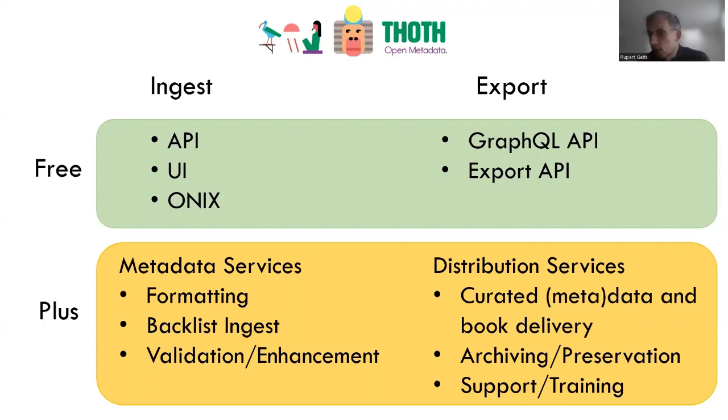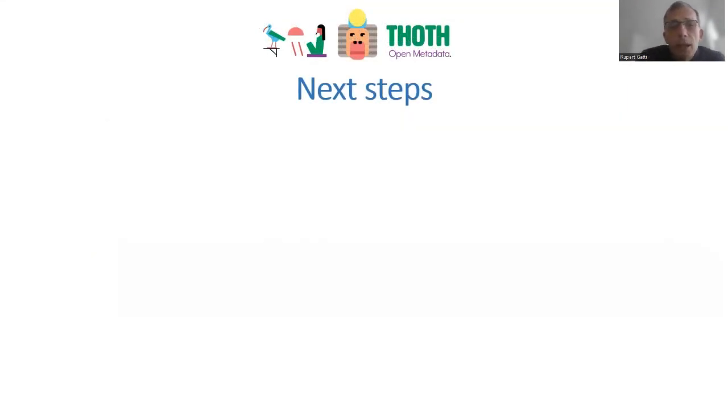And so this is, if you like, a software as a service model where the heart of it is free, and we'd be looking to sustain that going forward by charging for services for the dissemination and metadata management services. So, next steps. As I mentioned, we've been very lucky to have some extension funding for the next 3 years to allow us to expand and extend the scope and reach of Thoth.